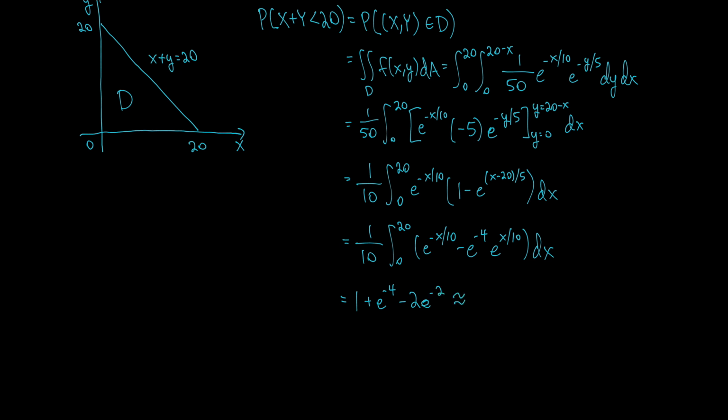And using a calculator, it's about 0.7476. So we could say that the amount of moviegoers that wait less than 20 minutes is about 75% of them.